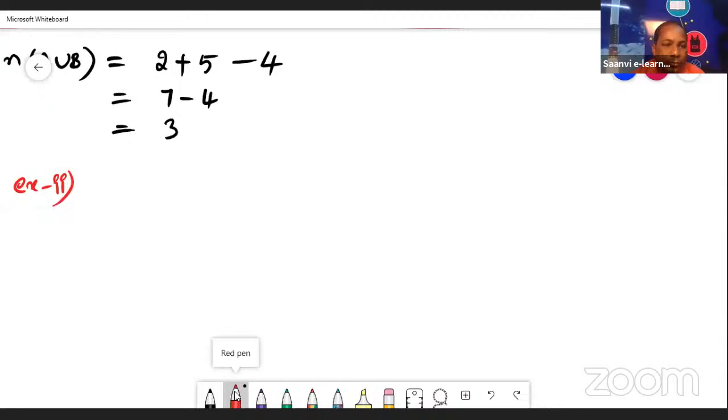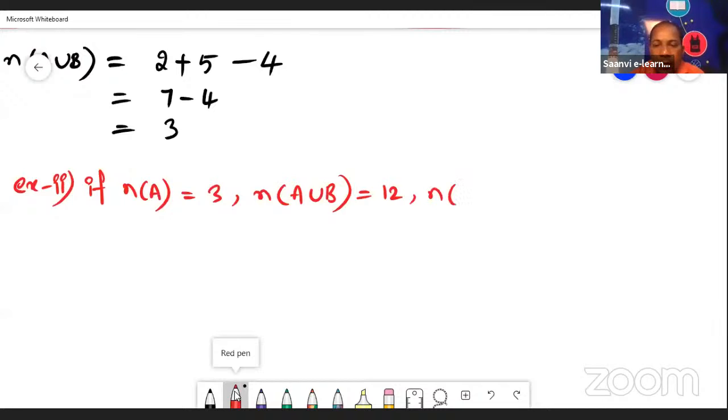If n of A is equal to 3, n of A union B is equal to 12, and n of A intersection B is equal to 2, find n of B. Here n of B is asked, right?